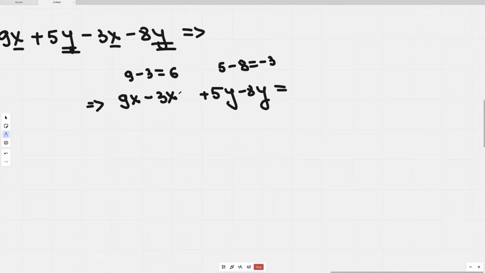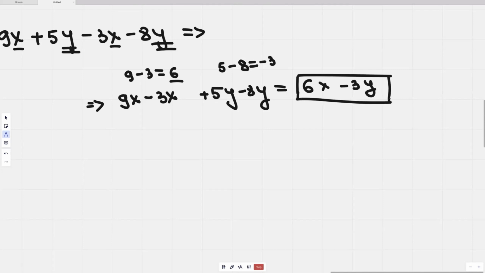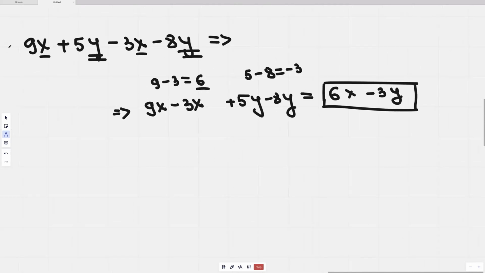So let's write them as a final result. Firstly, 6x, and minus 3y. This is going to be our final answer for this expression.